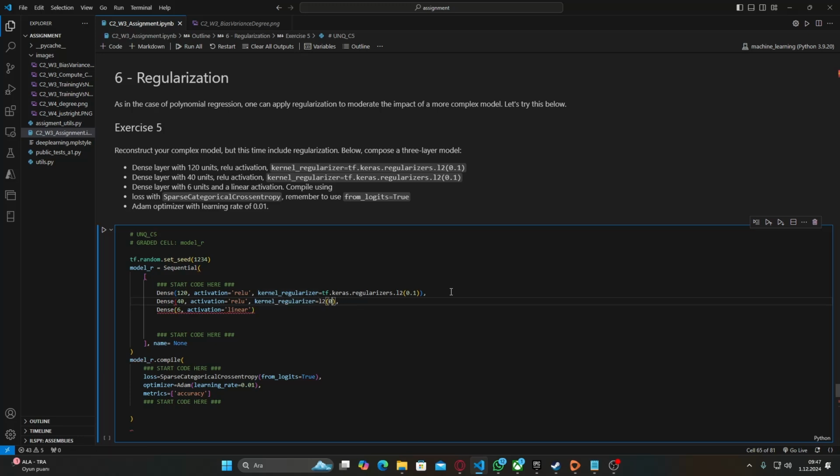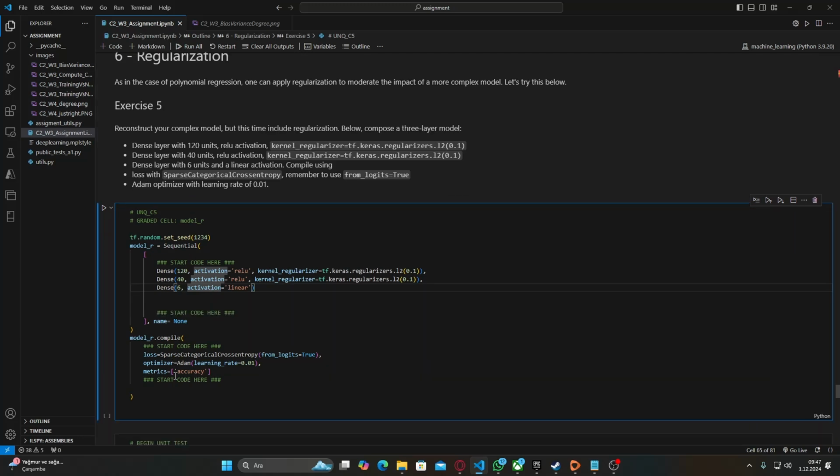I'll just delete these ones. tensorflow.keras.regularizers.L2 with 0.1, and six units with linear activation in here. The loss is sparse categorical cross-entropy from logits, with the Adam optimizer with a learning rate of 0.01, and our metric is accuracy.